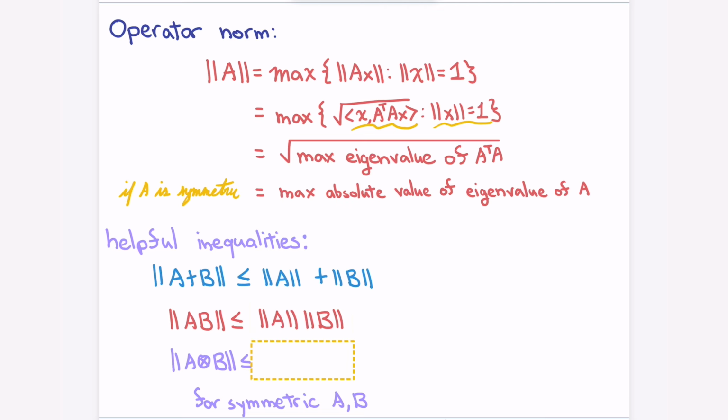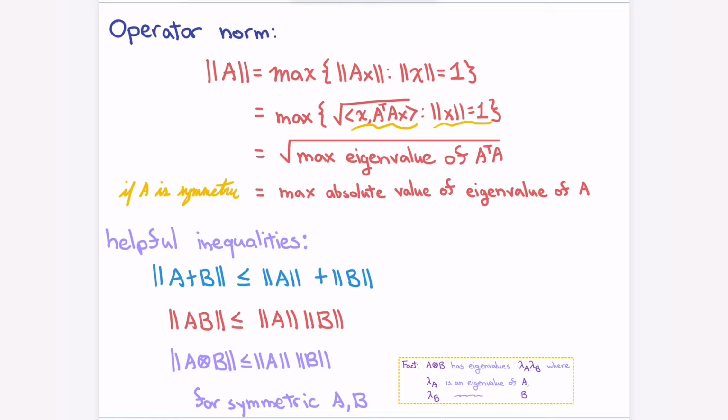You also have this Cauchy-Schwarz looking thing: the norm of A times B is at most the norm of A times the norm of B. Also for tensors, at least for symmetric ones, we know the eigenvalues are made by multiplying the eigenvalues together, so you get the same kind of thing. The operator norm of the tensor of A and B is at most the product of the separate norms.